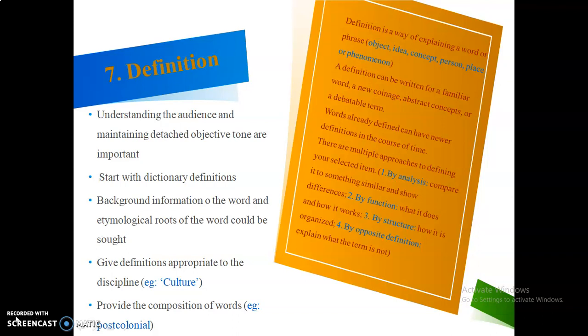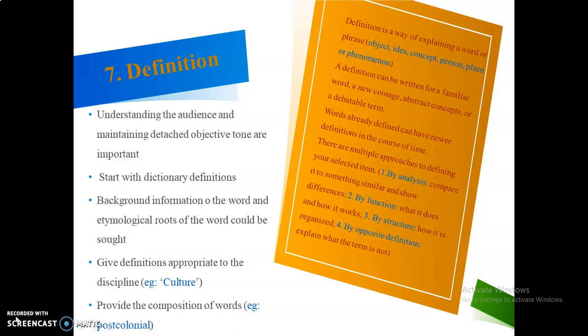The things that have to be kept in mind while attempting to write a definition essay are as follows. You need to understand the audience and maintain a detached, objective tone for better definition writing.